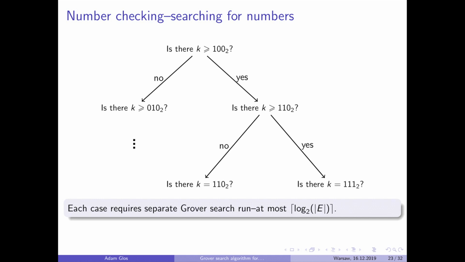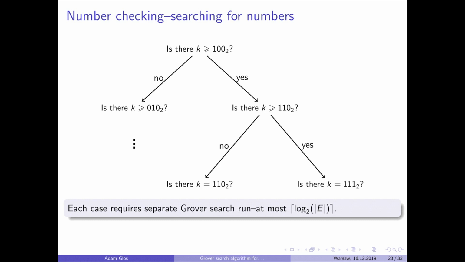Then we can search for graphs for numbers which are at least 6. If there is, we are checking for 7. If there is no such number, we are searching for a 5. At each level, we need a separate Grover search algorithm. In general, it is still quite small, even for a large number of edges.